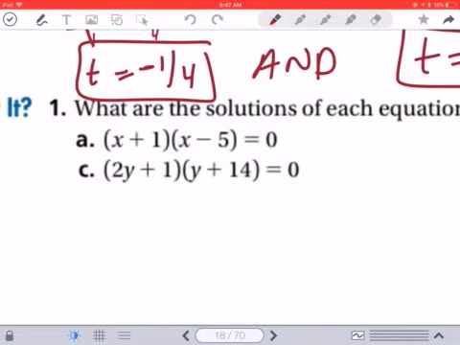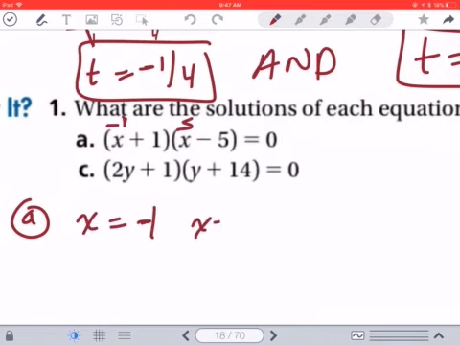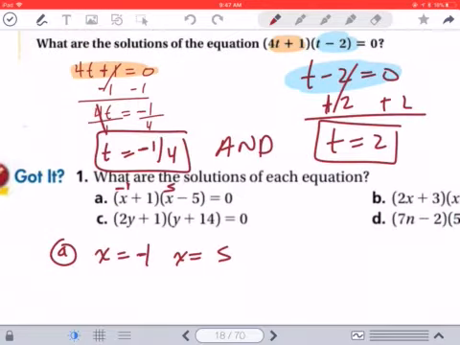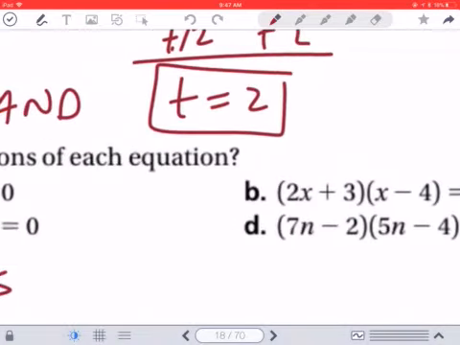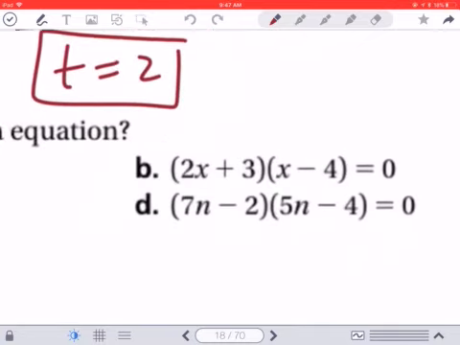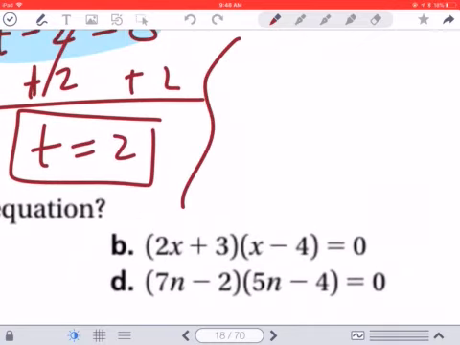Okay, part A, it says x plus 1 times x minus 5. Well, what makes this true? Negative 1 would work here, and a 5 would work there. So the solutions could be x equals negative 1 or x equals positive 5. For part B, you got 2x plus 3 and x minus 4. I can just say 2x plus 3 equals 0, and solve that.